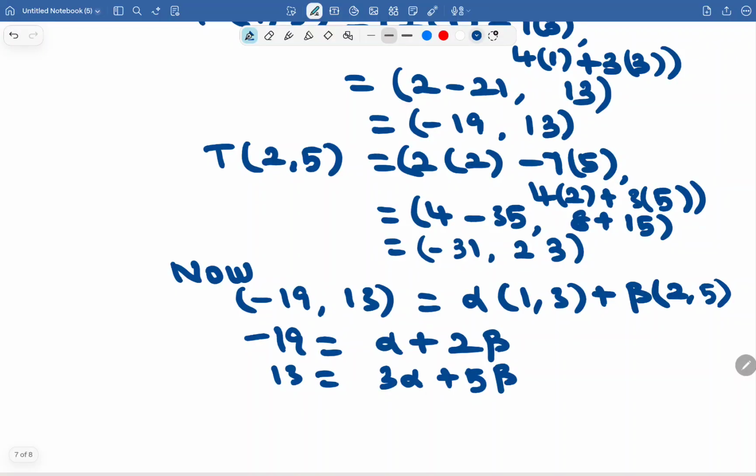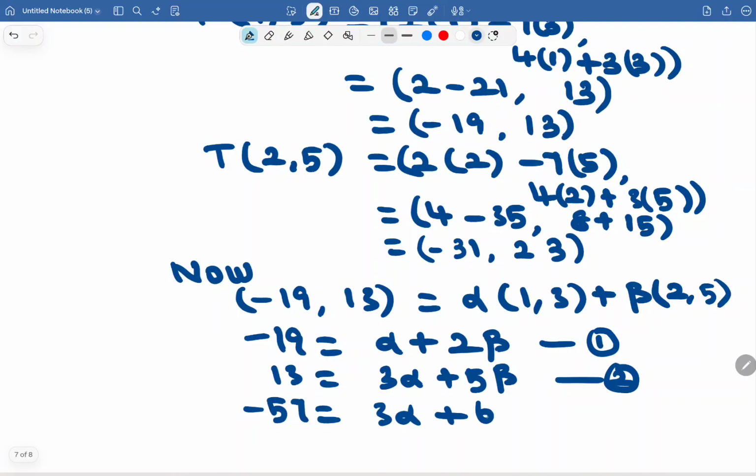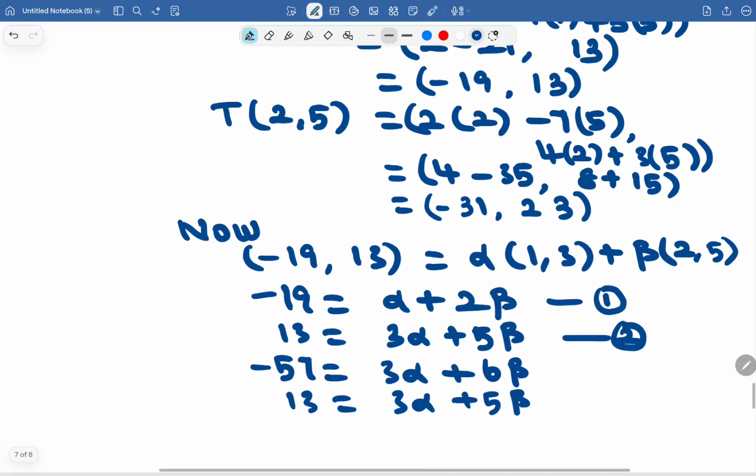Multiply the first equation by 3: -57 equals 3 alpha plus 6 beta, and 13 equals 3 alpha plus 5 beta.